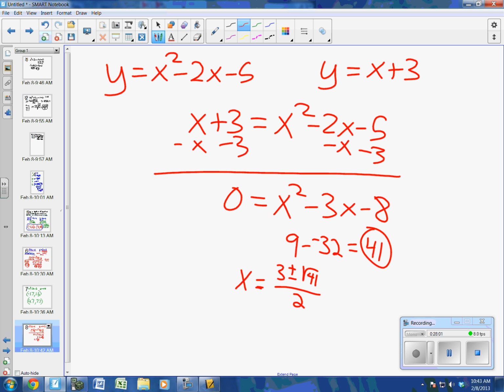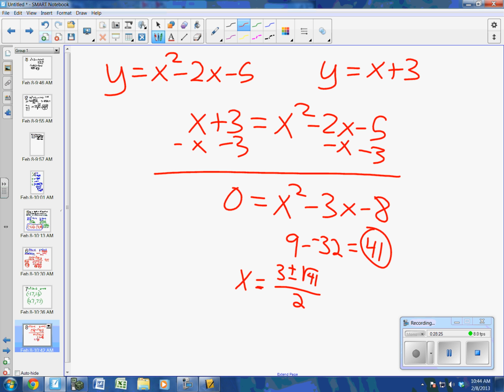Now, everybody break out your calculator. Go 3 plus the square root of 41 and hit enter. Square root is you hit second and the x squared button.